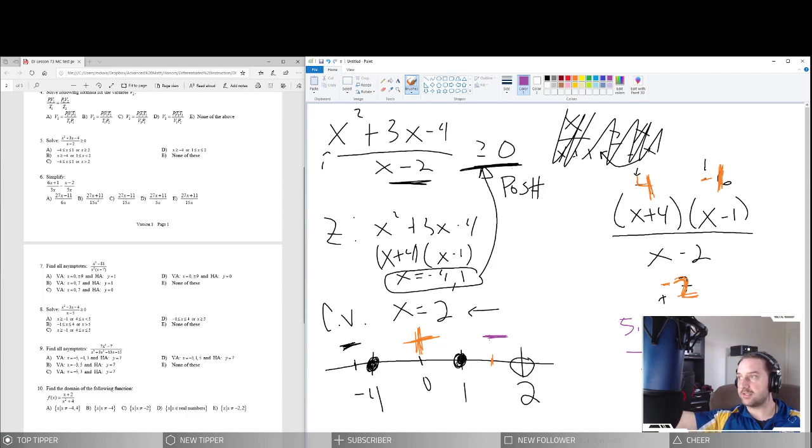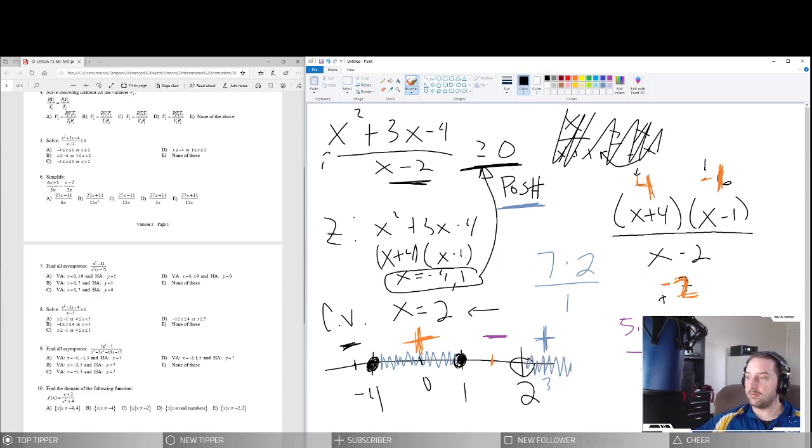And then I'll do the last one in blue. If I plug in a value right here, like 3, 3 plus 4 is 7, 3 minus 1 is 2, and then 3 minus 2 is 1. So positive times a positive divided by a positive is going to give me a positive. So our inequality says the positive values are the true values. So I can shade those in as my answer.